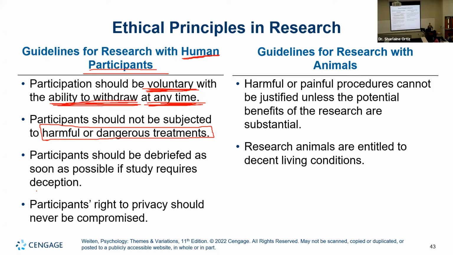If you have been exposed to deception, which is I gave you a sugar pill instead of that medication that could or perhaps not help you with your seizures, I have to debrief you as soon as I am able, to let you know that there was deceit.